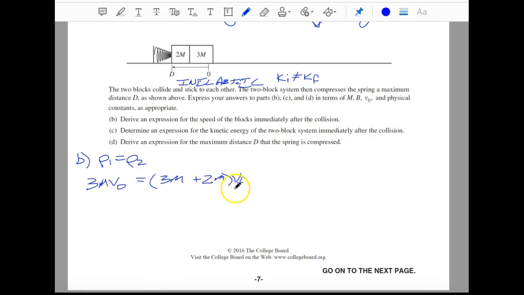At this point, we need to go ahead and combine everything, so we're going to divide both sides by 3m plus 2m, and so that would be 5m.